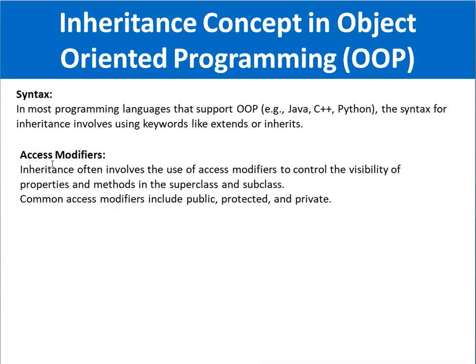Access modifiers: inheritance often involves the use of access modifiers to control the visibility of properties and methods in the superclass and the subclass. Common access modifiers include public, protected, and private. The public modifier means it can be used from outside the class.